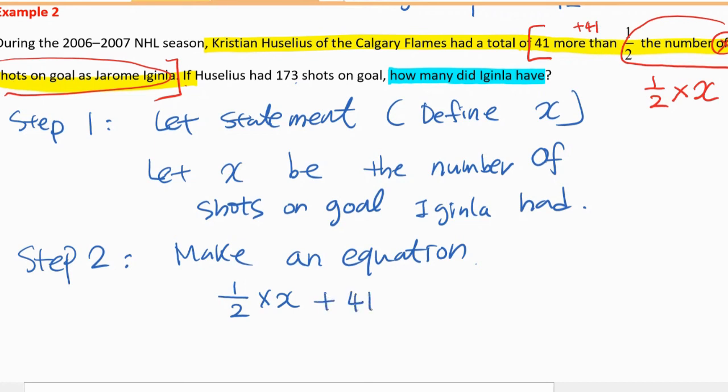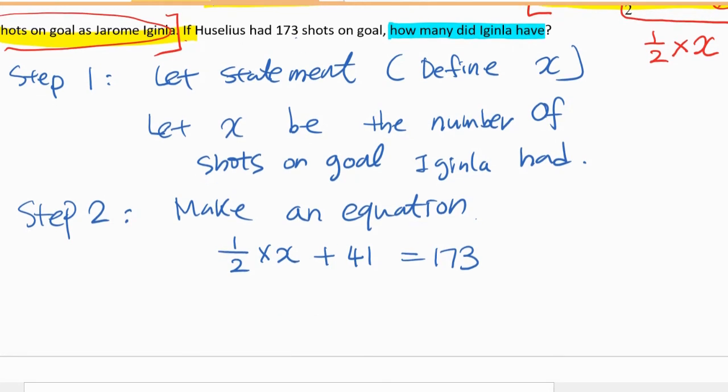That is equal to 173 shots, because Christine Huselius had 41 more than half the number of shots on goals as Jerome Iginla, and it says that is 173 shots. Okay, so this is the equation. We usually omit multiplication, so when we rewrite it, it will be 1 over 2x plus 41 equals 173.